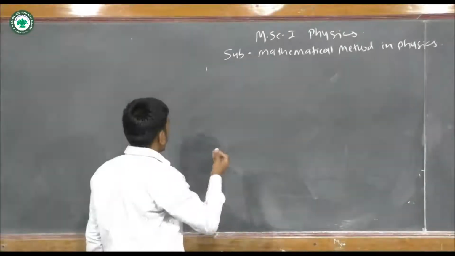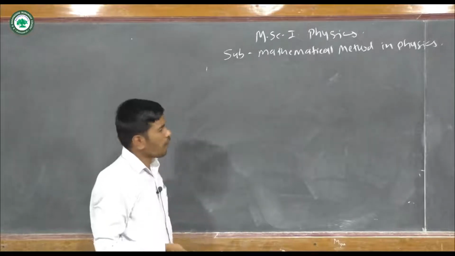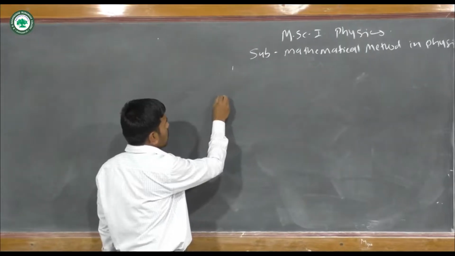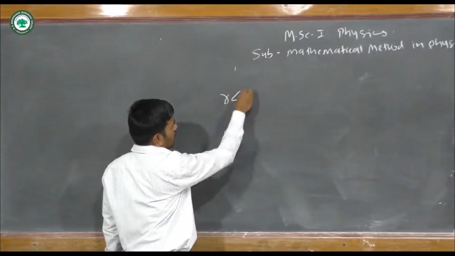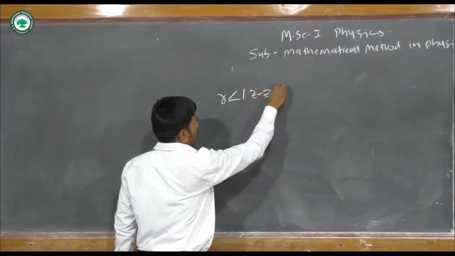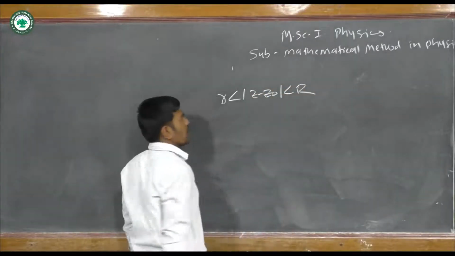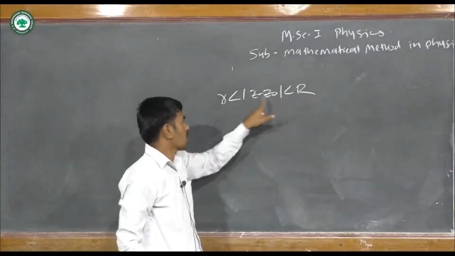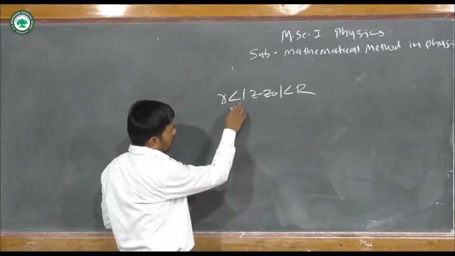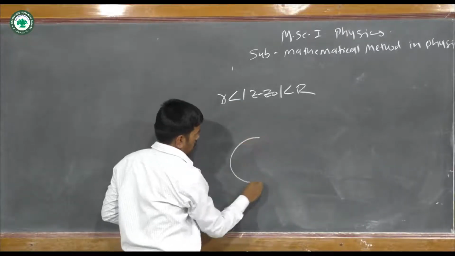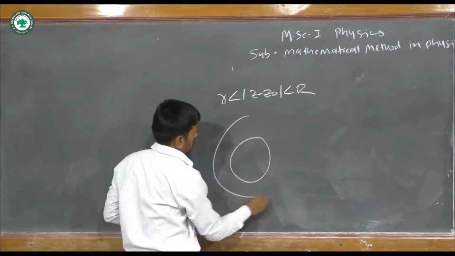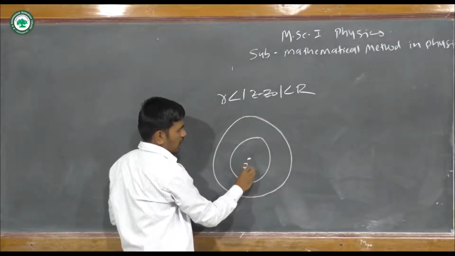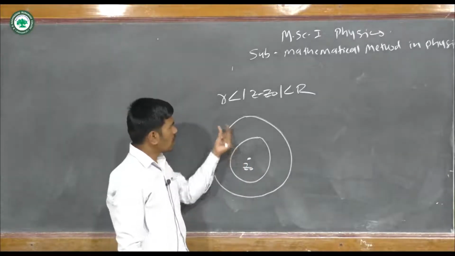Okay, so I am considering one arbitrary point, that is z, in this annulus region. So we know r is less than the absolute value of z minus z naught, which is less than the capital R. If I draw the region for this, this is the annulus region, and z naught is the center of these two circles.